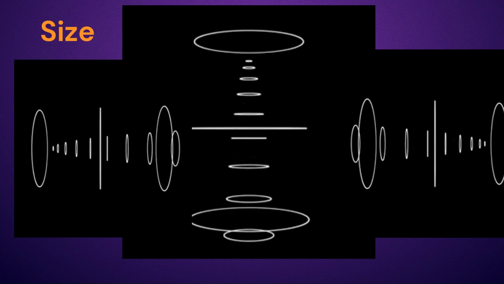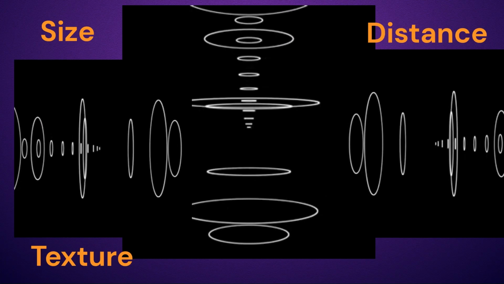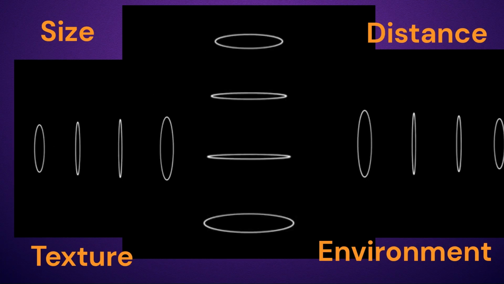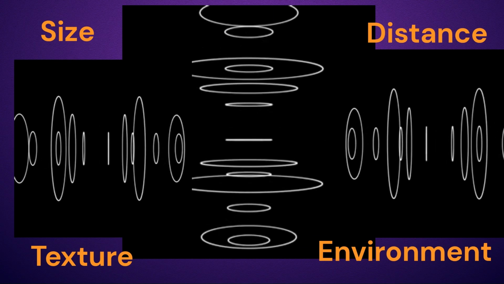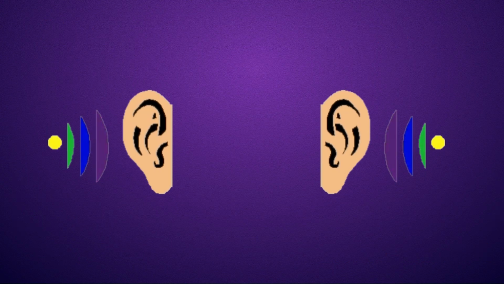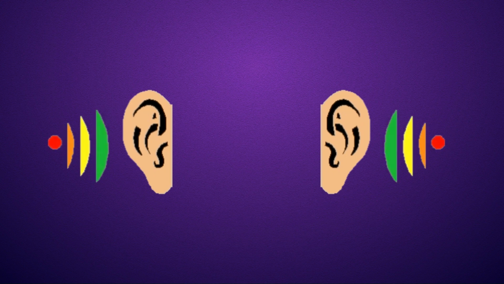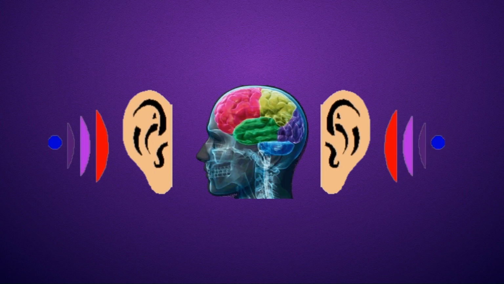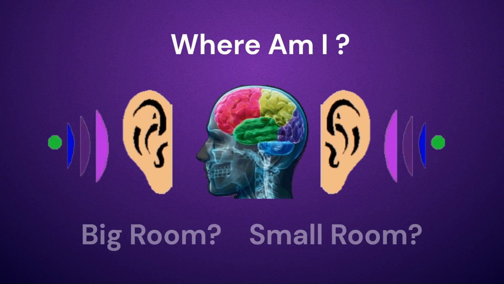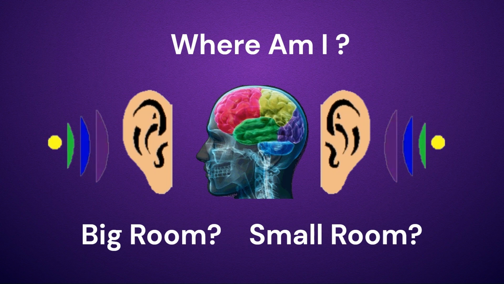The size, the distance, the texture of the surfaces in our environment all reflect the sound in different ways. Our ears collect those sounds, bouncing off all those various surfaces, and our brain interprets what type of environment we're in.